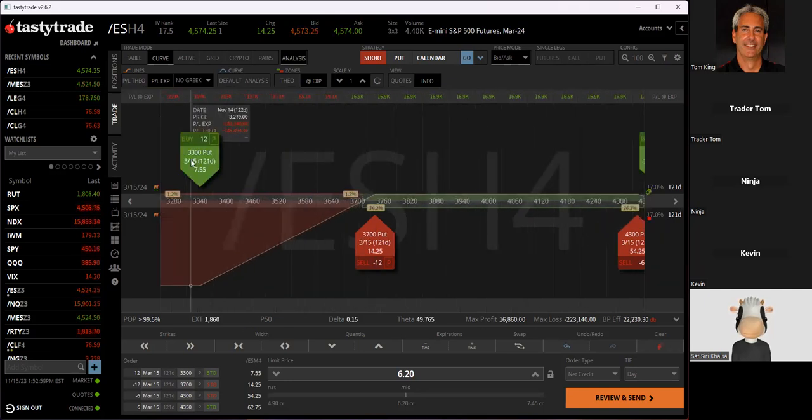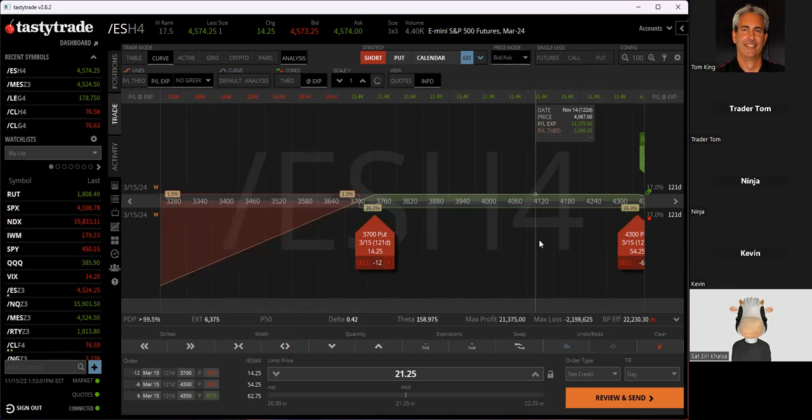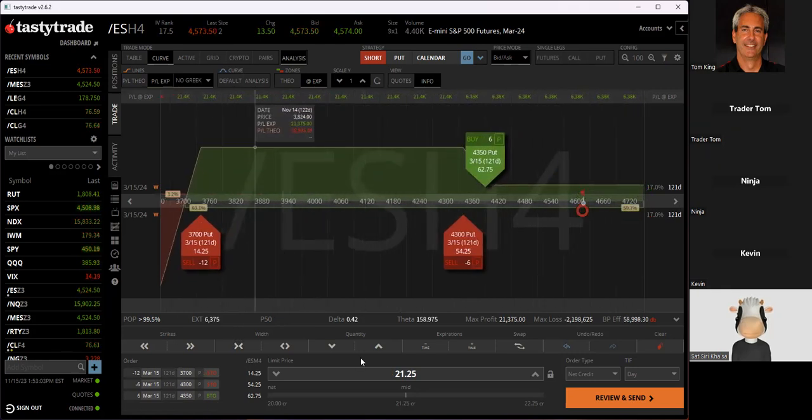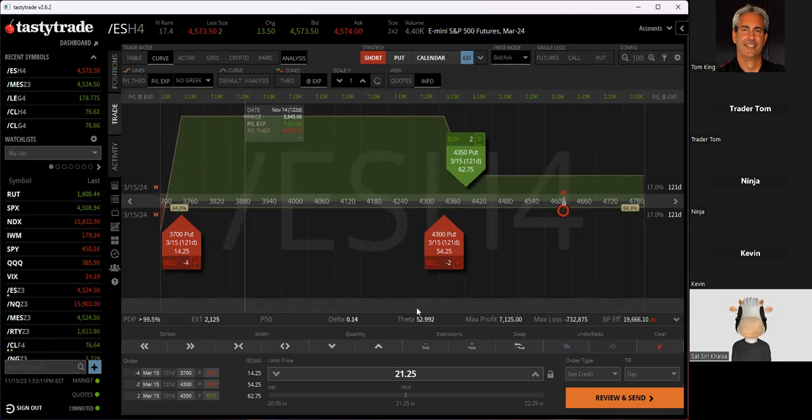I'm going to go back, and I'm going to take this thing down to my normal size. So this is my normal size in an IRA. You can see I'm still at roughly $20,000, but I'm making $2,130, and my trap is only $7,000.